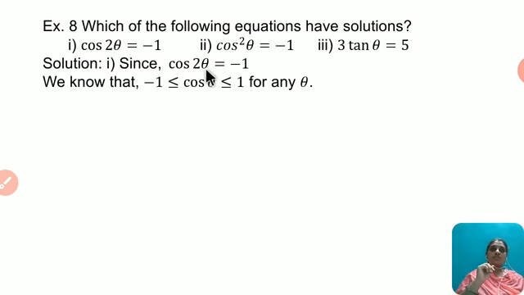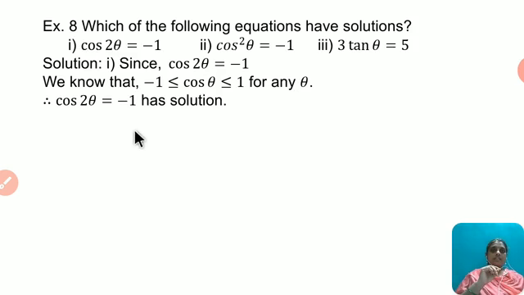Here our theta is 2 theta, so obviously cos 2 theta again lies in the closed interval minus 1 to 1. That means cos 2 theta satisfies this, and therefore cos 2 theta is equal to minus 1 has a solution. We have to examine only whether the solution exists or not, and so here it has a solution.